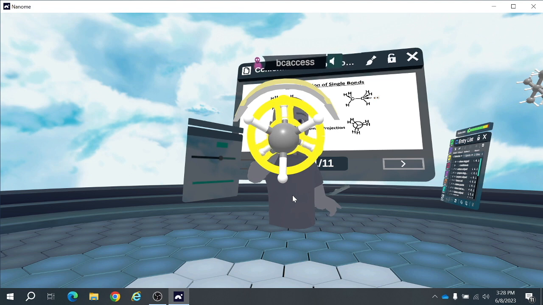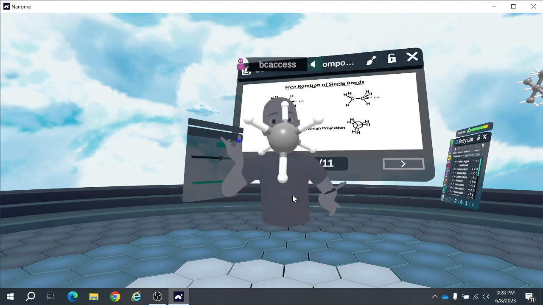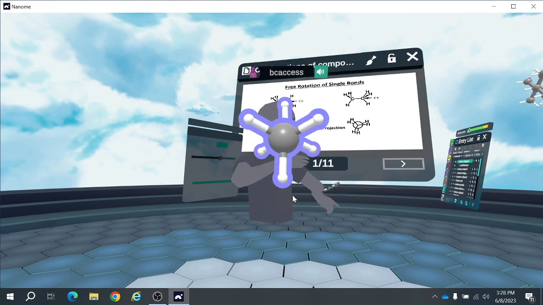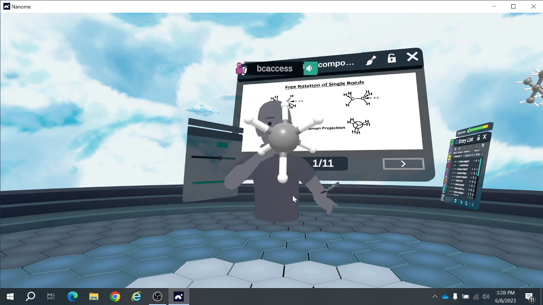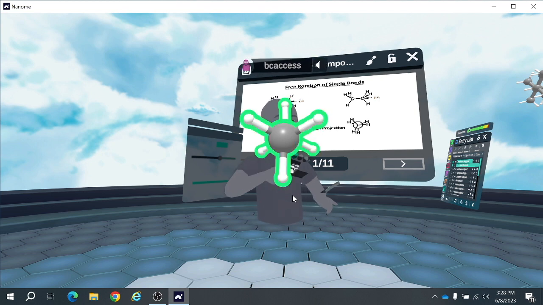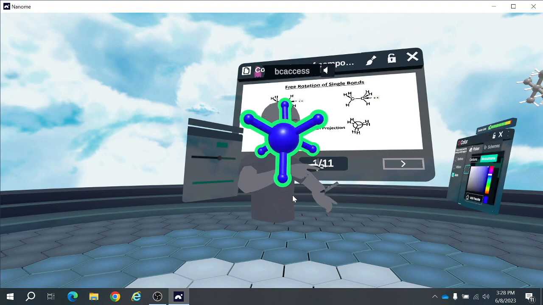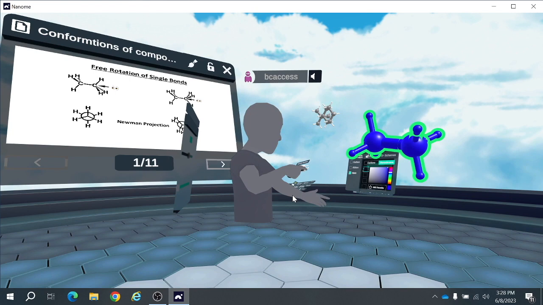Okay? Now notice, it starts out in the staggered conformation. Let's do something interesting here. Let's select and let's make some color here so you can see it.